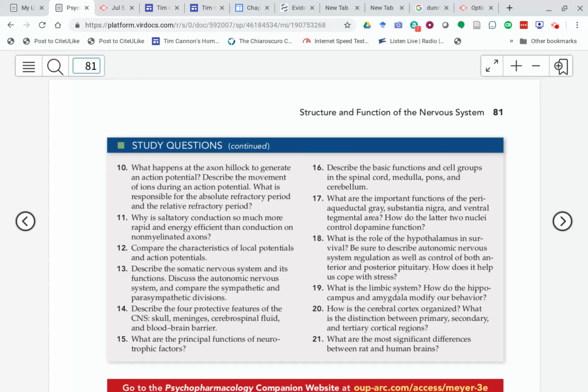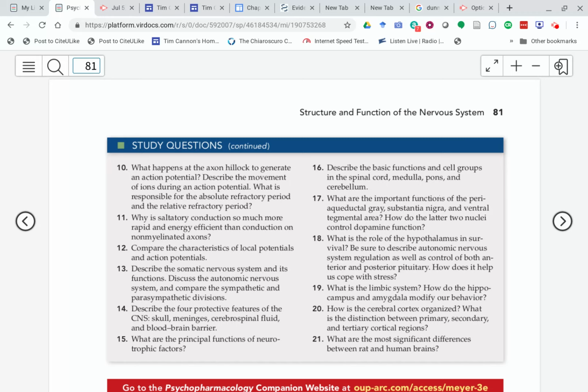PAG, substantia nigra, ventral tegmental area. How do the latter two nuclei control dopamine function? Substantia nigra and ventral tegmental both have cell bodies that produce dopamine. Hypothalamus, does everything. Limbic system, there are parts. What does it do? Cerebral cortex, rat and human.